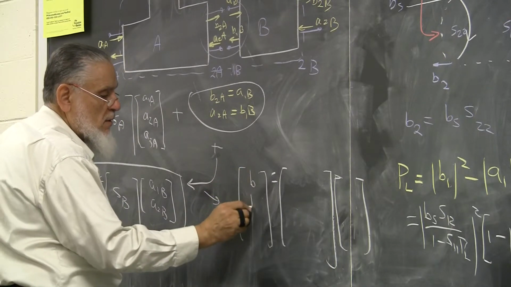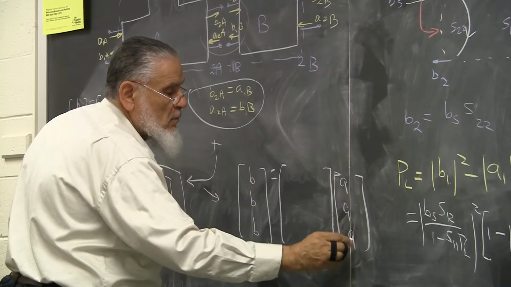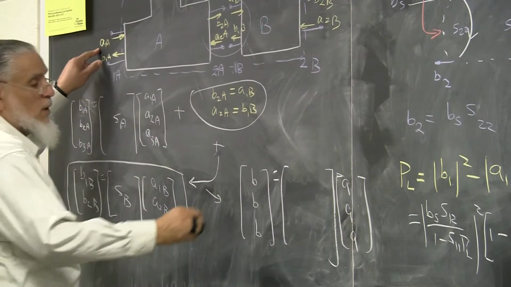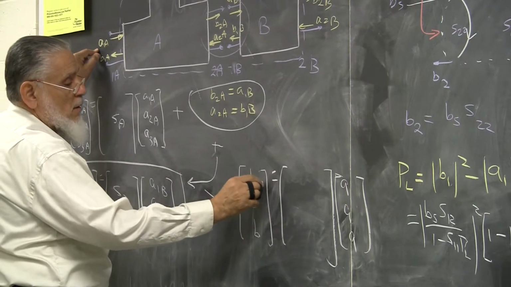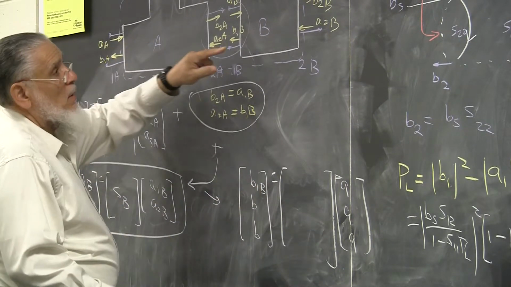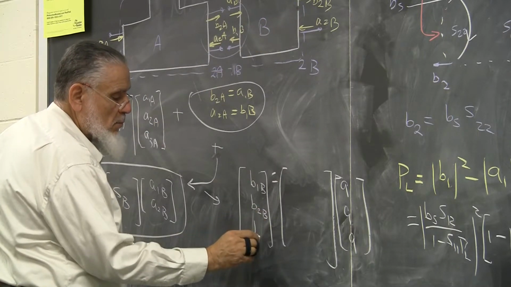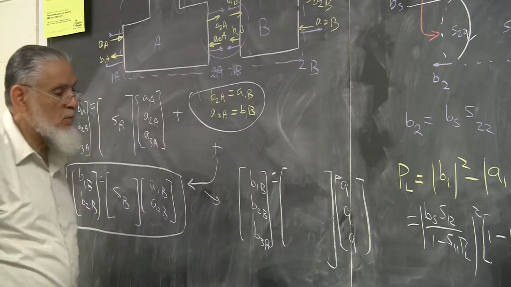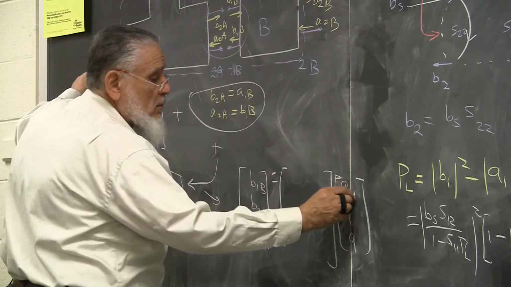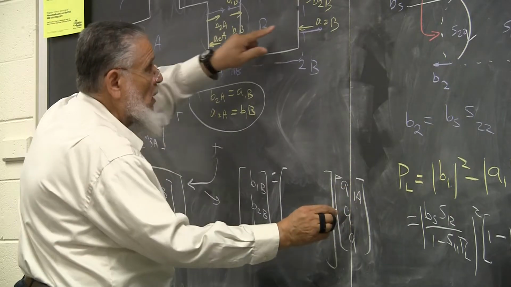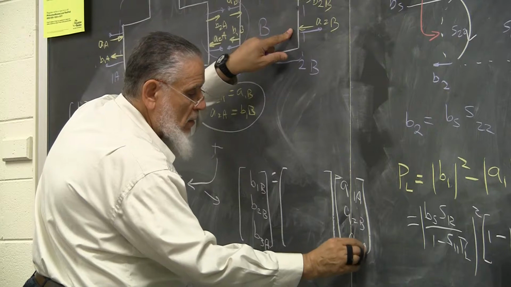Again, B is here, A is here, but this one here will have A1A, B1, I'm sorry, B1A, B2B, and B3A in terms of A1A, A2B, and A3A.